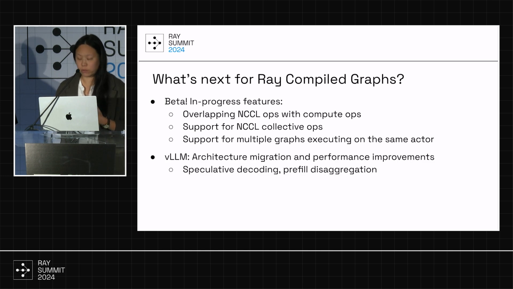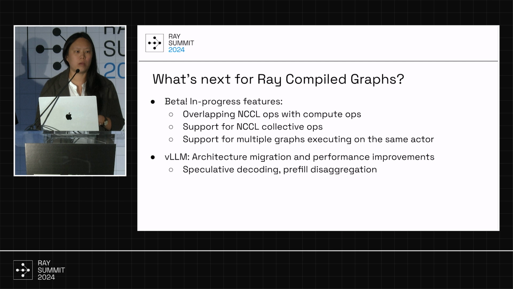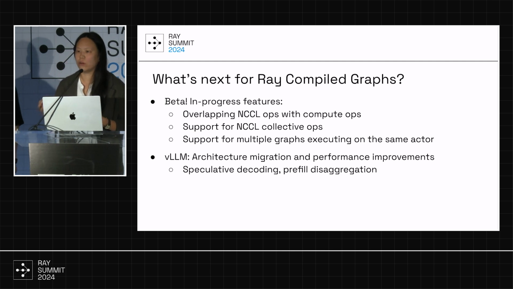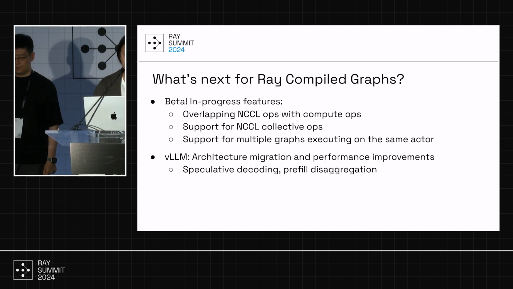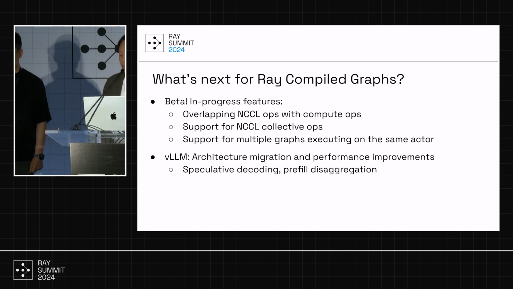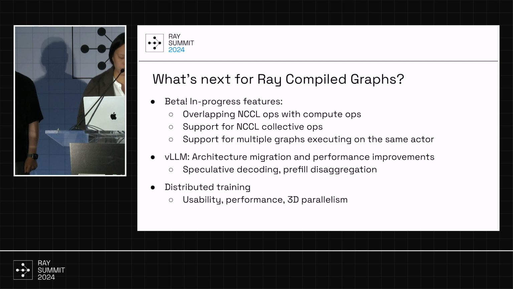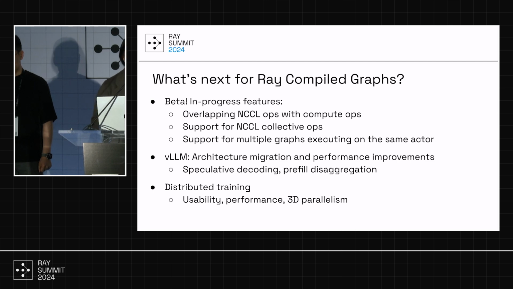These will be directly leveraged in the end use cases, including VLM, where we're currently working towards an architecture migration for VLM's control plane to make Ray compiled graphs the default for Ray VLM in the future, as well as exploring some more complex architectures like prefill disaggregation. On the training side, we're going to continue building on the heterogeneous use cases that we've seen so far and further try to provide an excellent usability experience in addition to performance.